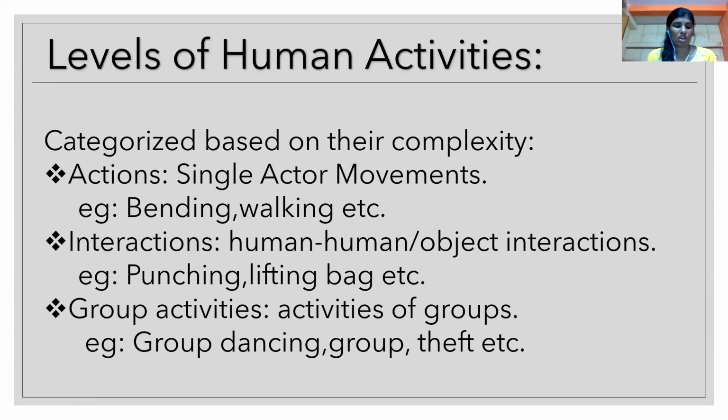Example: walking, jogging, running, etc. Interactions like human to human interaction or human to object interactions. Example: punching, lifting bags, etc. Group activities, activities of a group: group dances, group discussions, group theft, etc.